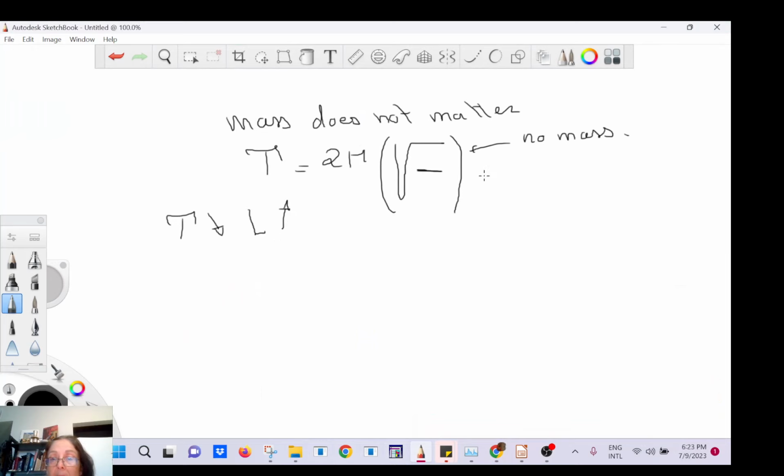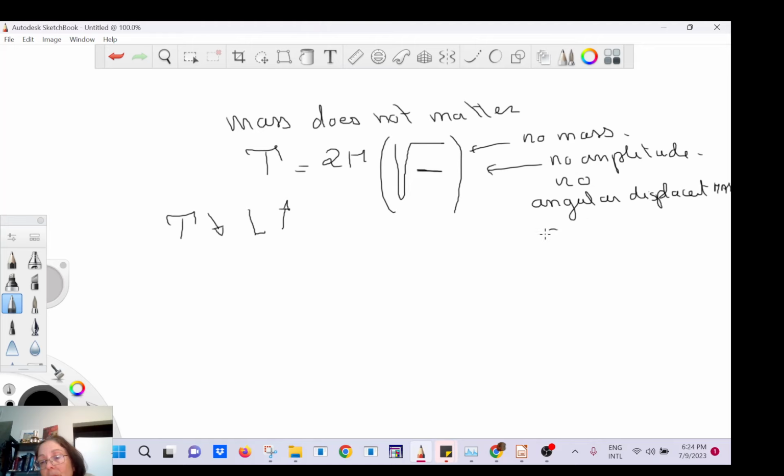Okay, so here we do not want amplitude, or we can say no angular displacement max. So we can say the angular displacement in radians max does not matter.